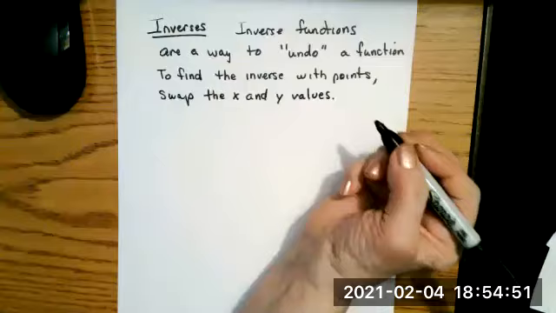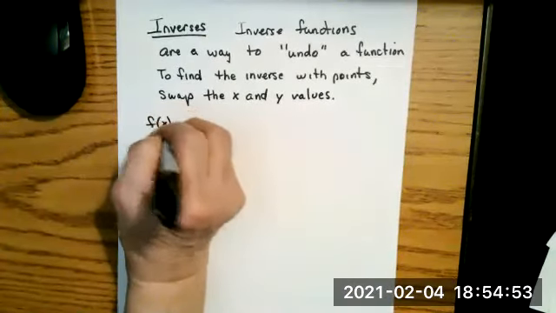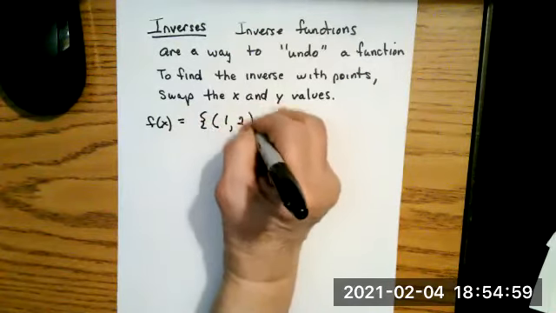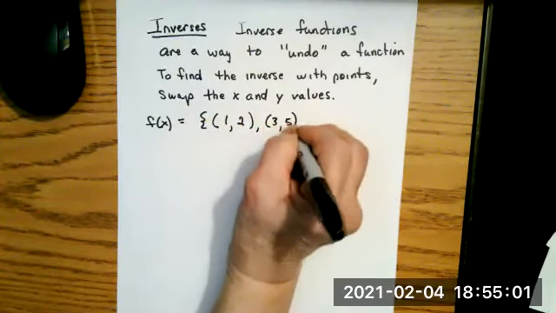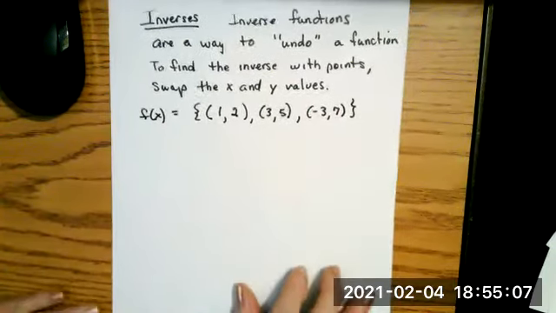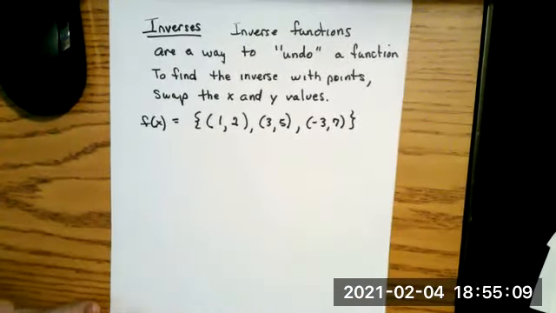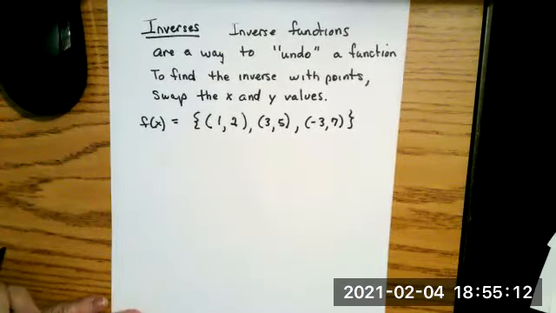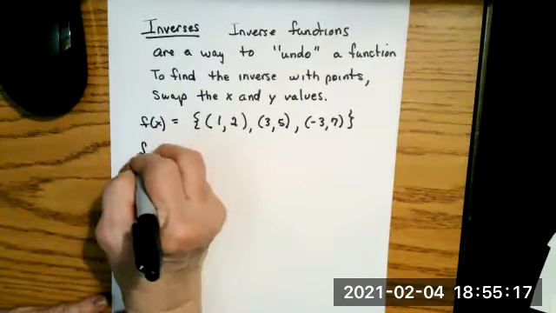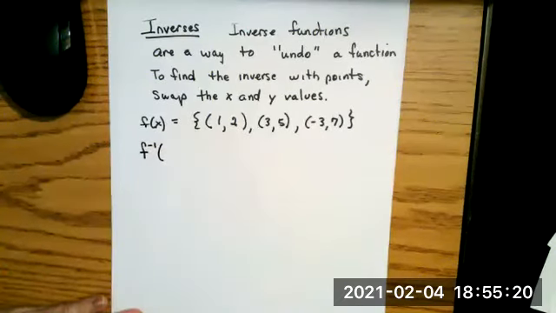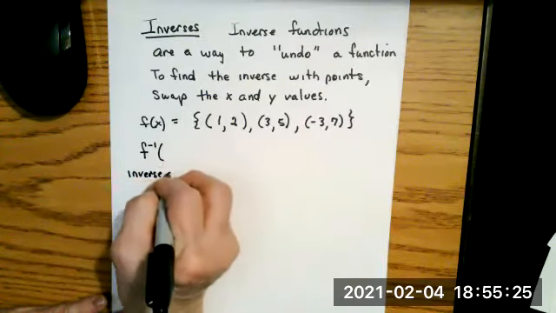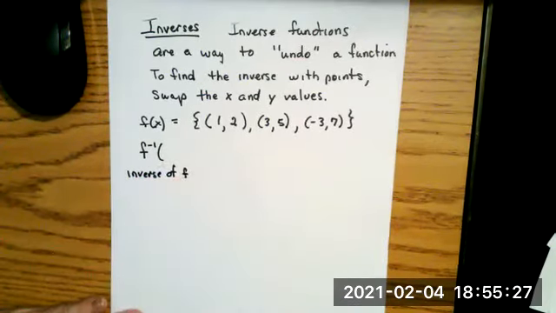That seems pretty easy. So if we had f of x equals the set of points (1, 2), (3, 5), (-3, 7). Okay? It's real easy to find the inverse. And there's a notation for inverse. It's kind of funny. It looks like a little negative exponent. But it means the inverse of f, some function f.